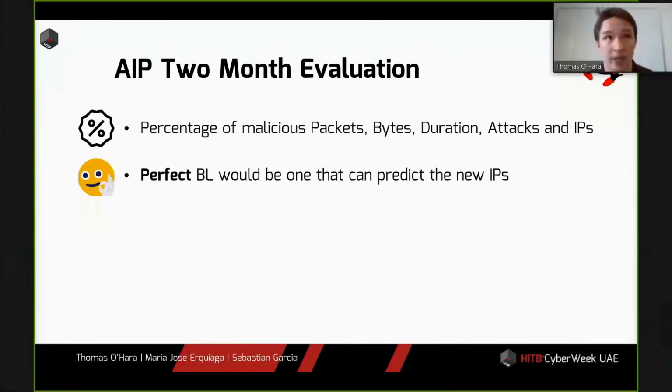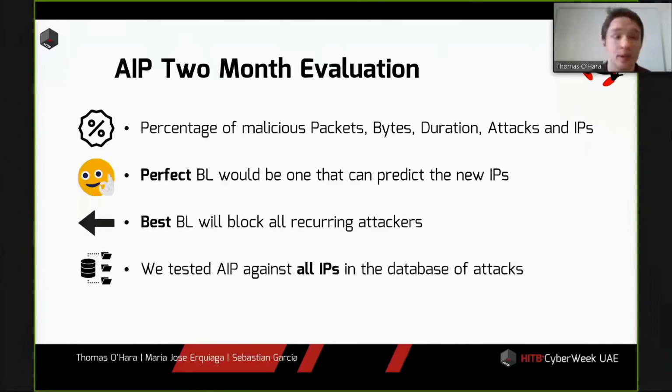It should be noted here that a perfect blacklist would be one that can predict the new IPs that are going to attack in the future. However, using current blacklisting methodologies, we can only block with good certainty IPs that have already attacked in the past. Hence the reason why blacklists are not the only form of protection provided by antivirus software.